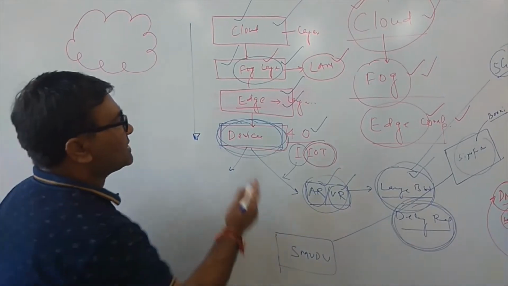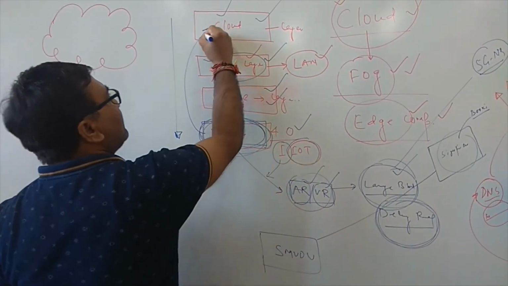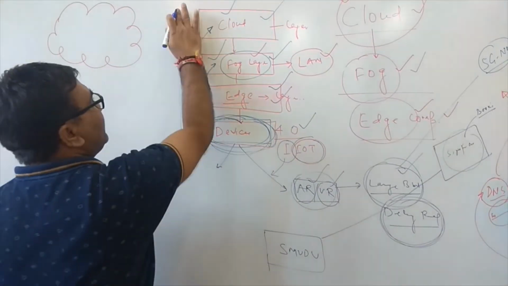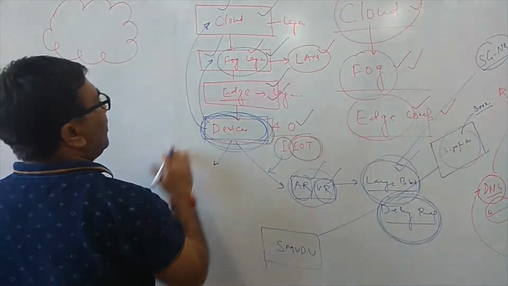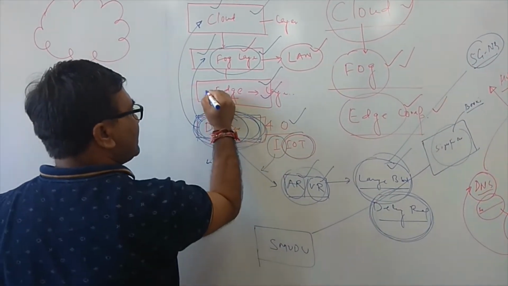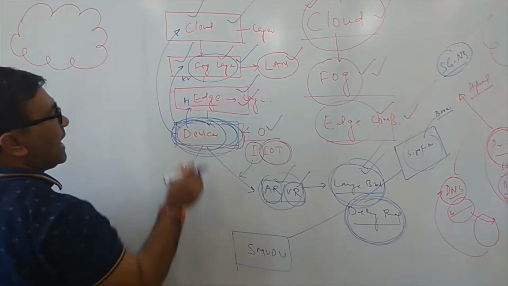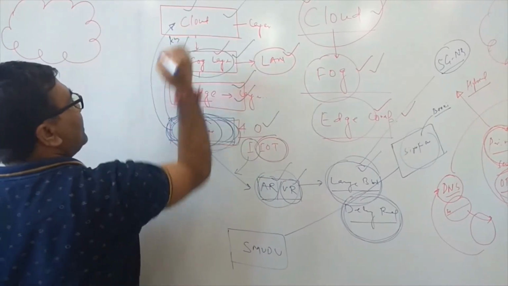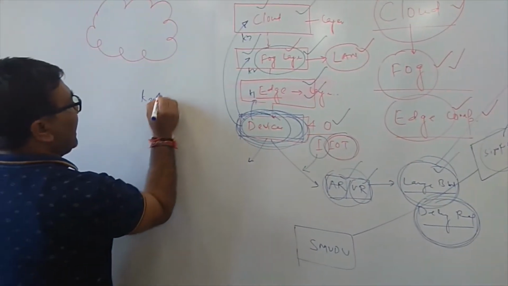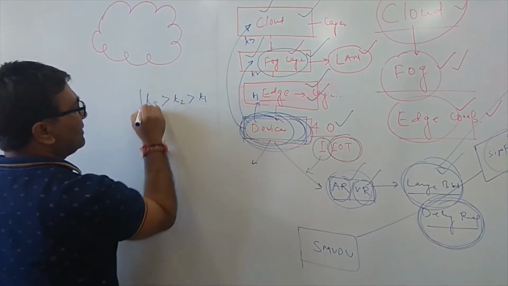Let us assume that the delay from device to edge computing is T1, device to fog computing is T2, and device to cloud is T3. You can analyze here that T3 is greater than T2 and T2 is greater than T1, right?